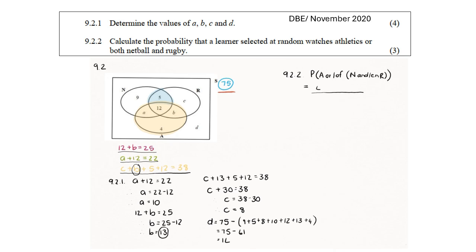When we add these two fractions, it gives us 44 over 75, and this can be written as a decimal, 0,59 rounded to 2 decimal places. This question counted 3 marks. You get 1 mark for 39 over 75, 1 mark for 5 over 75, and 1 mark for 0.59.